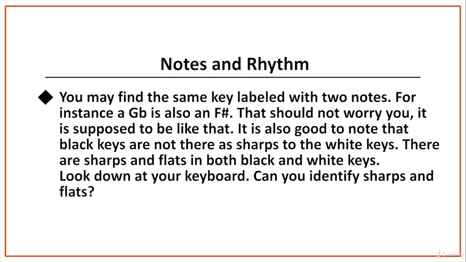For instance, G flat is also an F sharp. That should not worry you. It is supposed to be like that. It is also good to note that black keys are not there as sharps to the white keys. There are sharps and flats in both black and white keys. Look down at your keyboard. Can you identify sharps and flats?